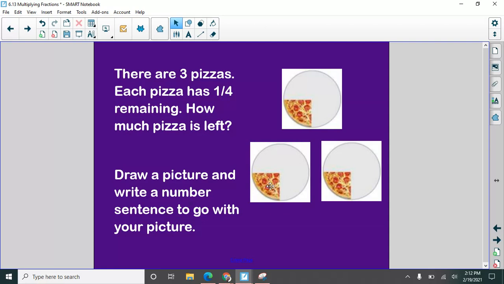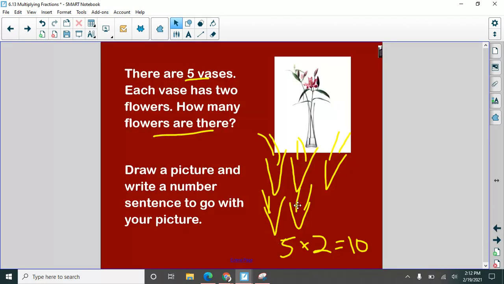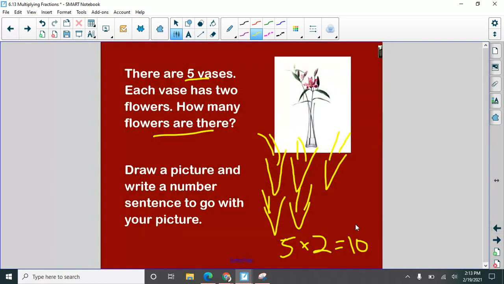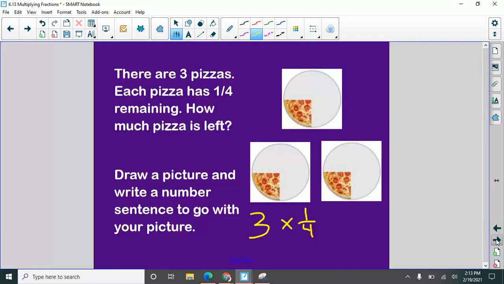My number sentence, think about what I did here. I had 5 groups of 2. One way to write this is 3 groups of 1/4. Hey, cool, right? 5 groups of 2 is 10. 3 groups of 1/4 equals, well, think about it as addition, right?